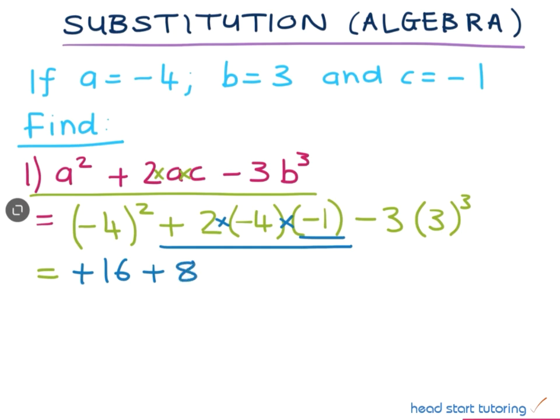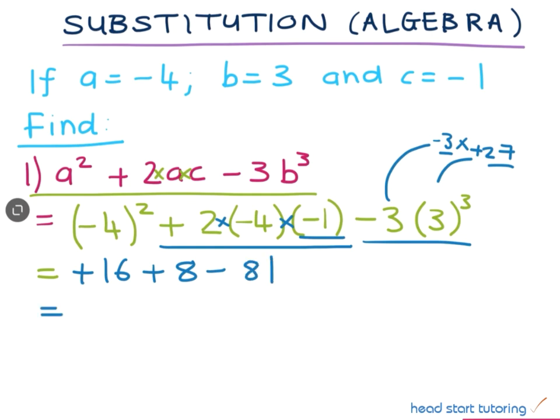And then we are working with -3 multiplied by 3 cubed. We know that 3 cubed is equal to 27. So now we need to say -3 multiplied by +27. A negative multiplied by a positive is a negative. And then we say 3 times 27, which gives us an answer of 81.